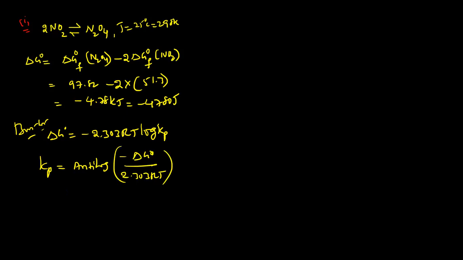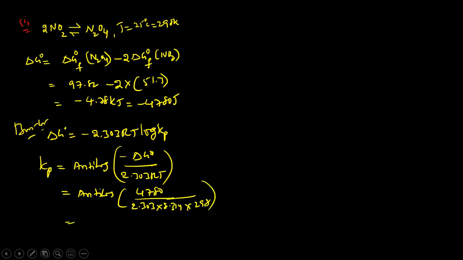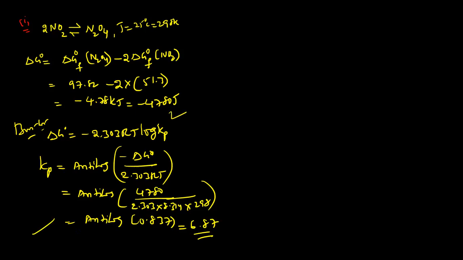So the anti-log of 4780, minus of minus is plus, by 2.303, R value 8.314, temperature 298. The value inside the anti-log upon simplification is 0.837. This becomes 6.87. The 6.87 is the Kp value for this one. So the delta G naught value and Kp value are calculated for the first equation in the question.